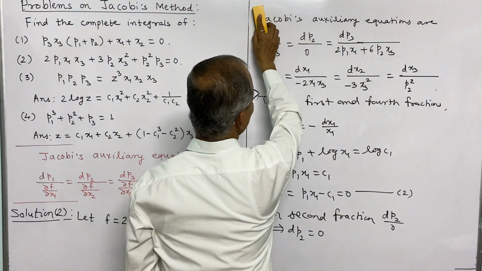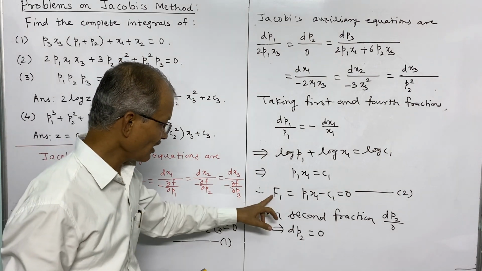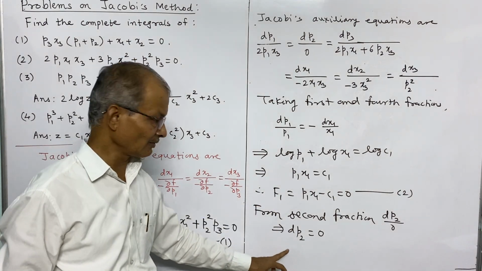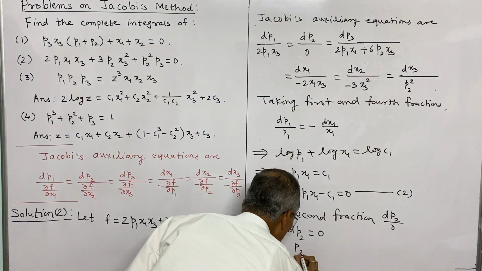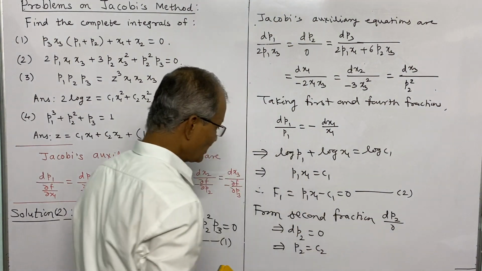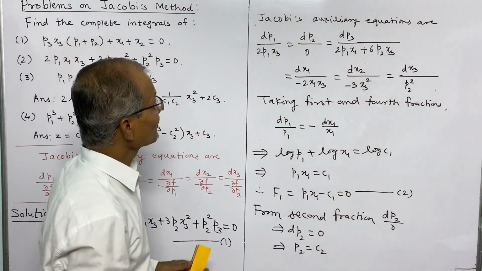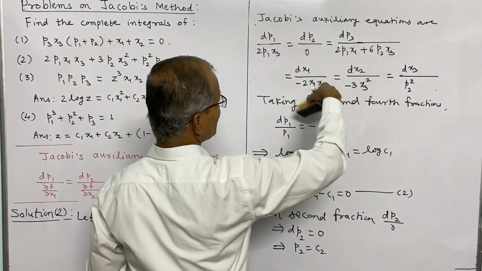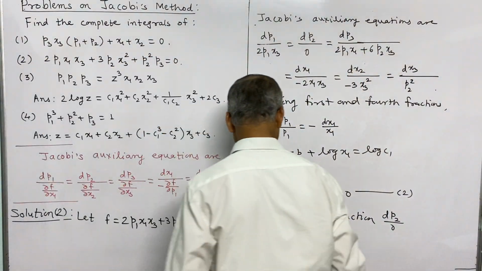So thus we have to only get the two solutions. f1 we have obtained, from this we will get f2. So this implies on integration p2 is equal to c2, and we take f2 as p2 minus c2 is equal to 0. So therefore the use of the Jacobi's equation is now over, and we have obtained f1 and f2.